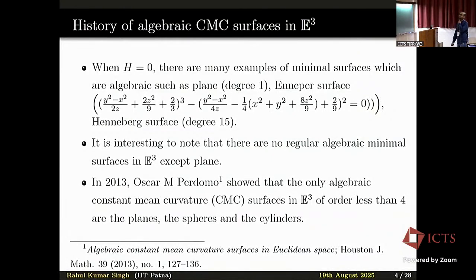And he showed that the only constant mean curvature surfaces which are algebraic of degree less than 4 are the planes, the spheres, and the cylinders. So this is what he shows in that paper. It's not a complete answer, it just tells you about degree less than 4.